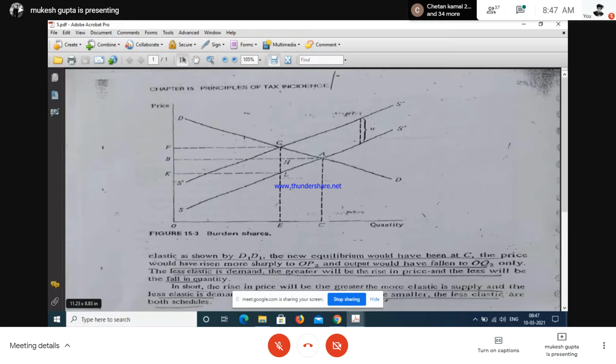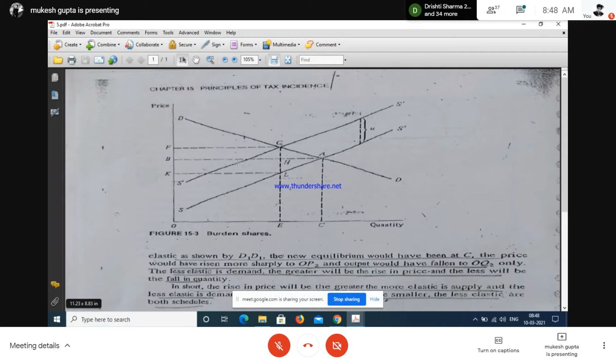Now, with the imposition of the unit tax U, the supply curve shifts parallel leftward, and the new equilibrium is at point G. The price increases from OB to OF, and the quantity decreases from OC to OE.